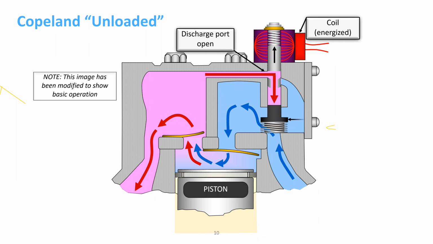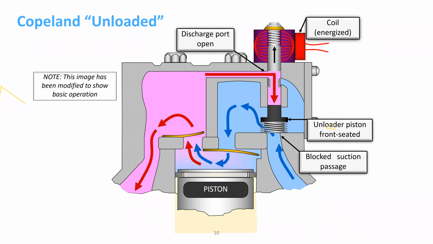The little piston drops down, and now discharge gas is allowed to push the unloader piston out of the way, because the pressure on the discharge side is going to push it out and down, which shuts off the suction port. So now suction gas cannot reach the piston.